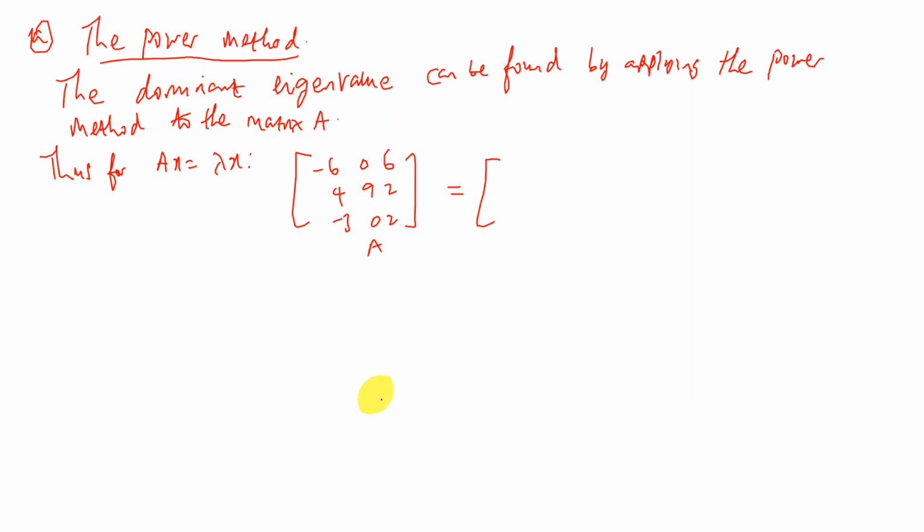When you have AX equals lambda X, you recall that the matrix A is this from the beginning. I'm going to write it on the side here: it's minus 6, 0, 6, like I wrote it, 4, 9, 2 from the question, and we have minus 3, 0, 5.